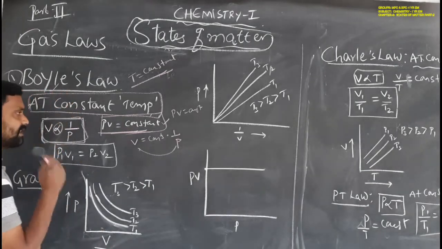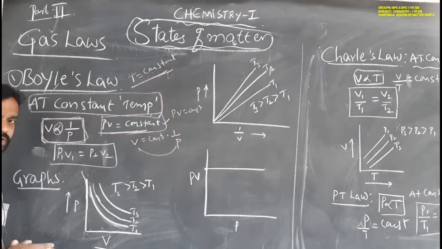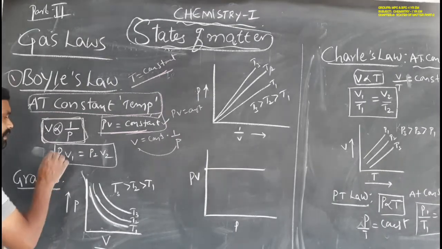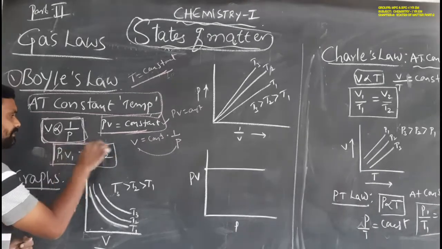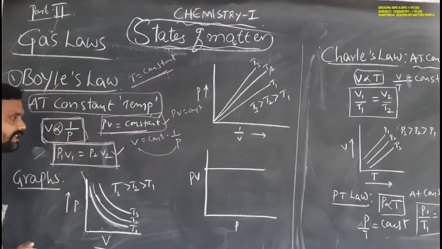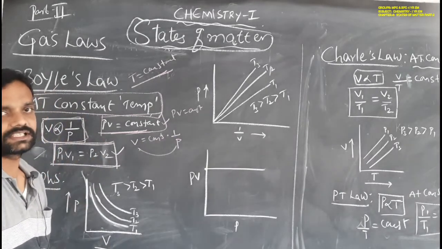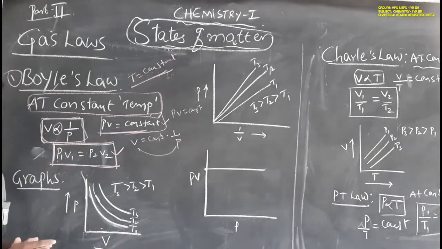When this Boyle's law, PV equals constant, is applied for any two gases, finally we get P1 V1 equals P2 V2. These are the mathematical representations of Boyle's law between pressure and volume.